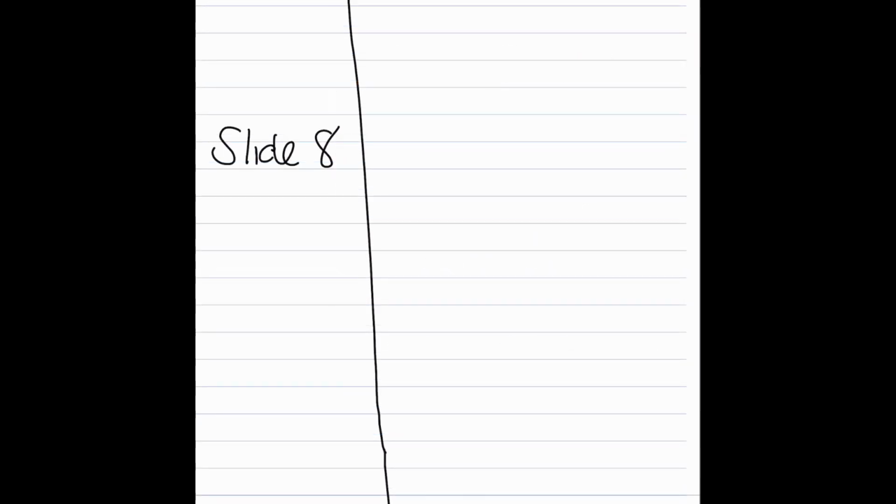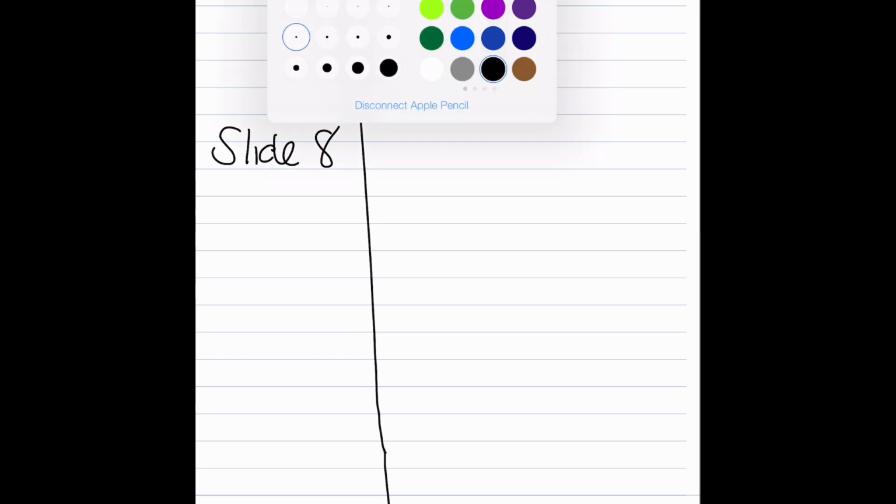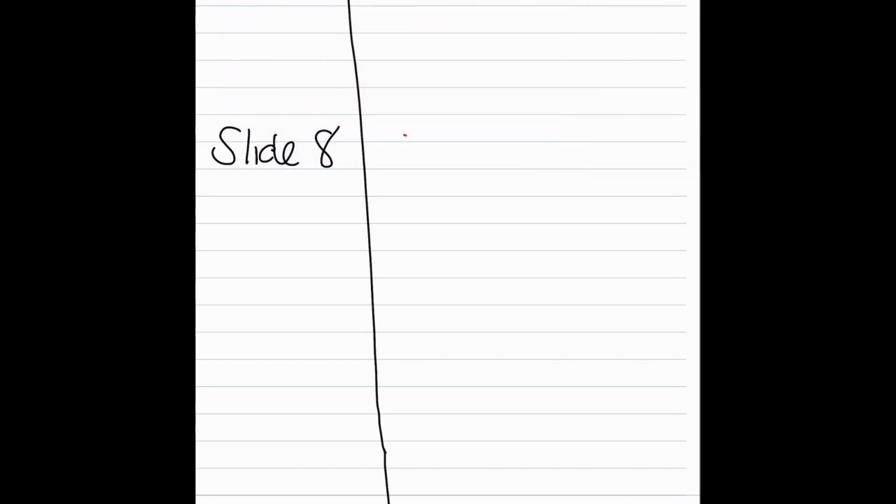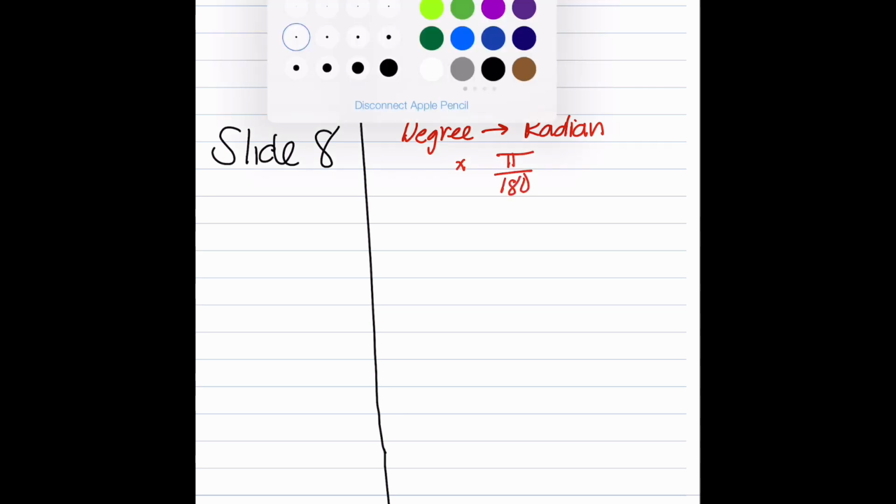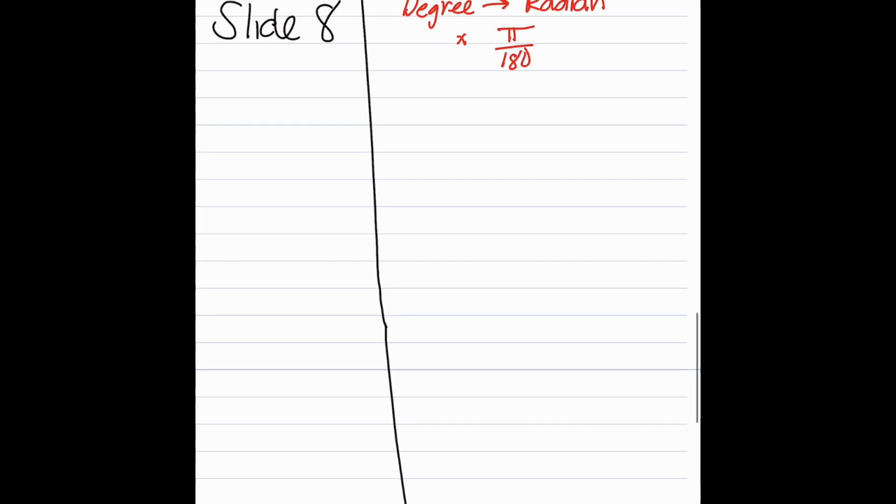Slide 8 is the same thing. The same directions are on the side where we are going to need to convert from degree to a radian. And in order to do that, we always multiply by pi over 180. Okay, so then on slide 8, it says convert 360 degrees to radians.